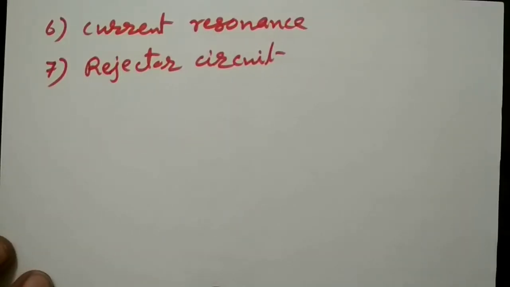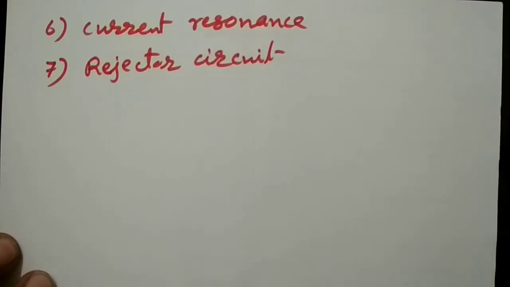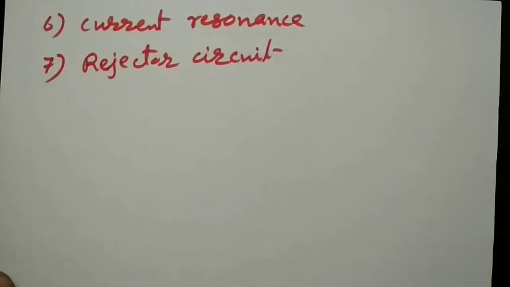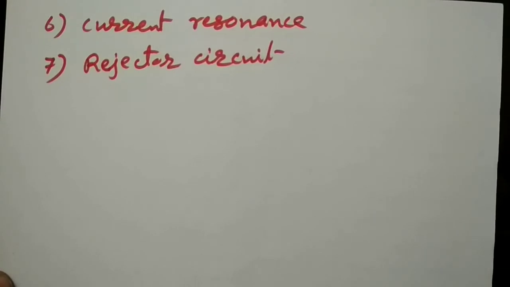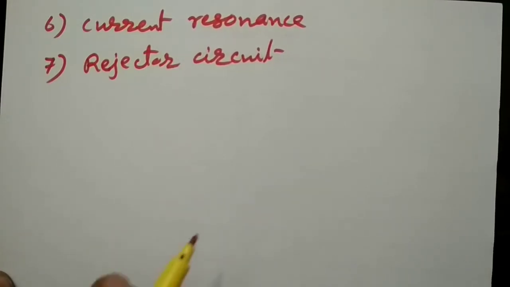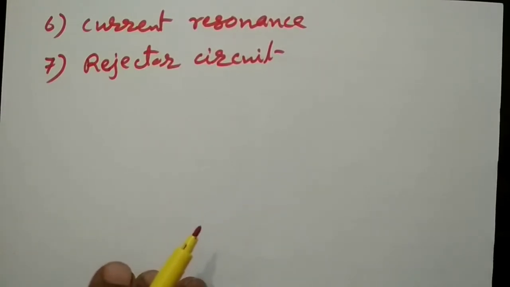It can be recalled that the series resonant circuit was considered as the acceptor circuit because at resonant condition the current in the series circuit becomes maximum, whereas in parallel circuit the current becomes minimum during resonance condition. So this is also considered as a rejector circuit.